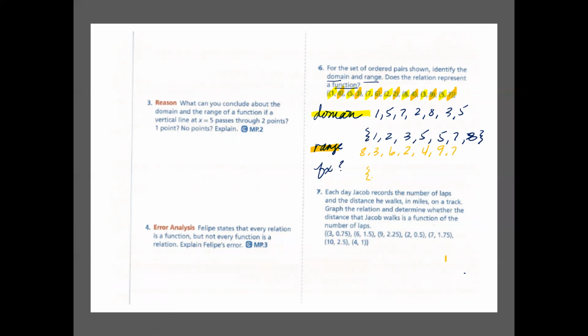If I put them in order, it will be 2, 3, 4, 6, 7, 8, and 9. And it doesn't matter if the range repeats because I don't care about the range. All I care about is the domain, and that's all that matters, okay?